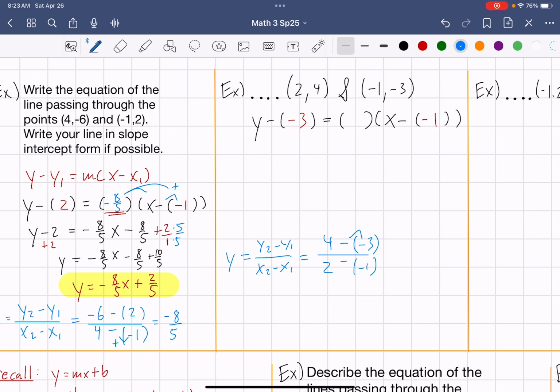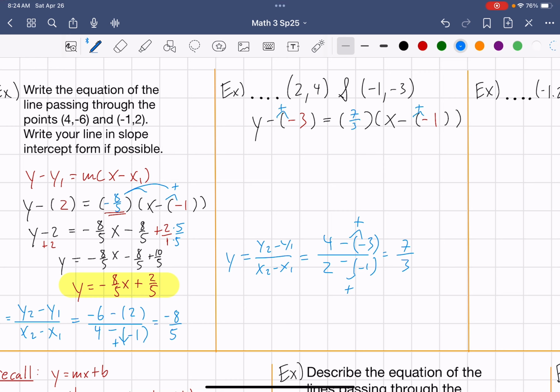So these two are going to become positive. These two are going to become positive. 4 plus 3 is 7. 2 plus 1 is 3. So now there's my slope, 7 over 3. Don't forget these two become positive.